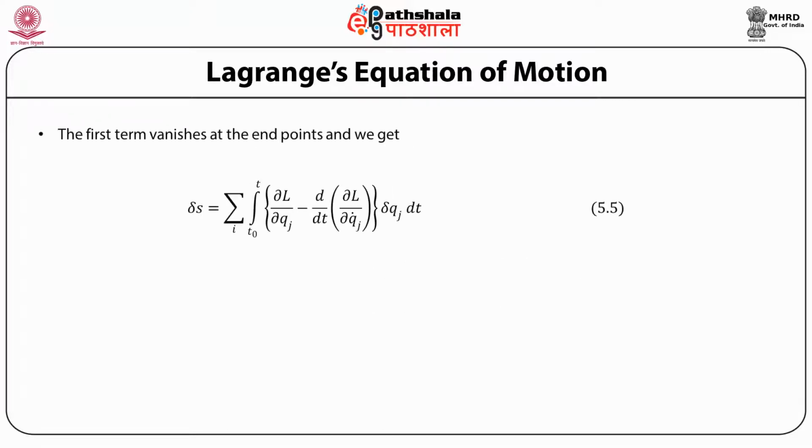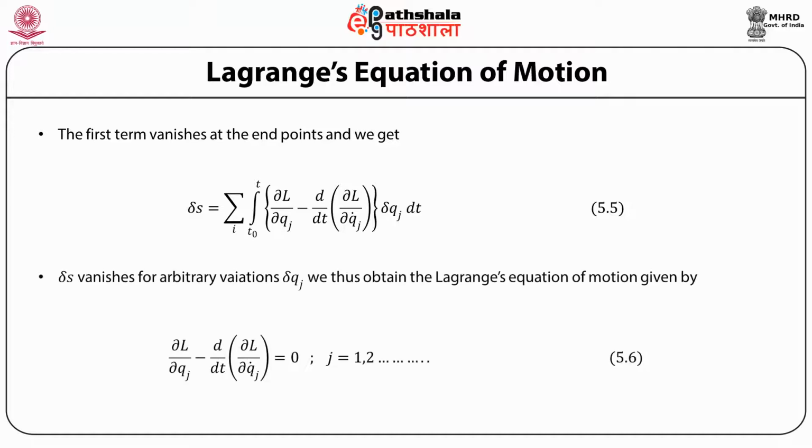The first term vanishes at the end points, and therefore the variation in S is simply the integral of the partial derivative of L with respect to qj minus d/dt of the partial derivative of L with respect to qj dot, multiplied by delta qj, dt.